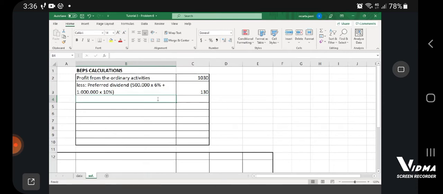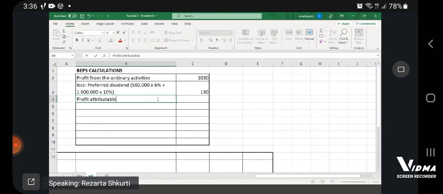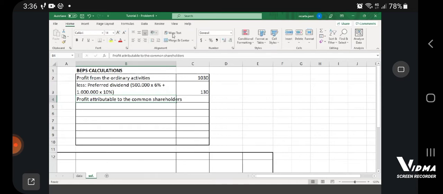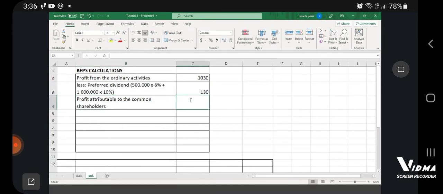That means that the profit attributable to the common shareholders is actually the difference between profit from the ordinary activities less the calculated amount of preferred dividend. Any questions so far?